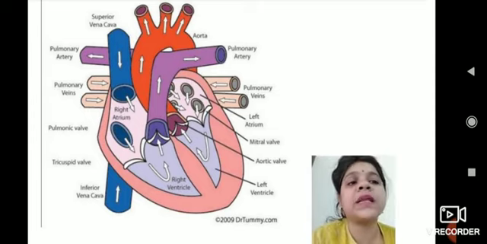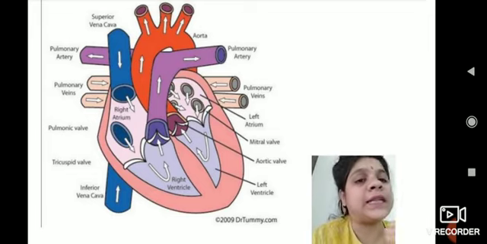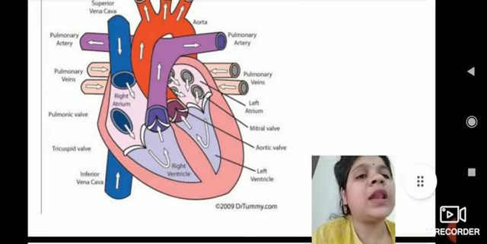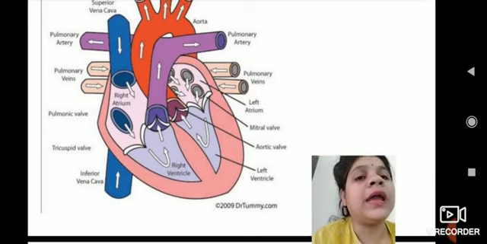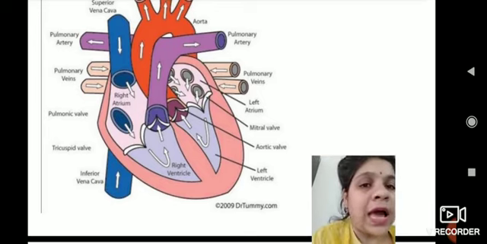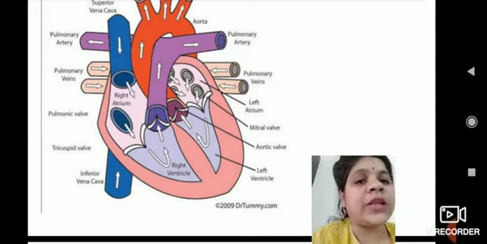Heart is basically 4-chambered. It has right atrium, right ventricle, left atrium, and the left ventricle. When the deoxygenated blood enters by the superior vena cava and the inferior vena cava to the right atrium, it has the tricuspid valve. The tricuspid valve is between the right atrium and the right ventricle.